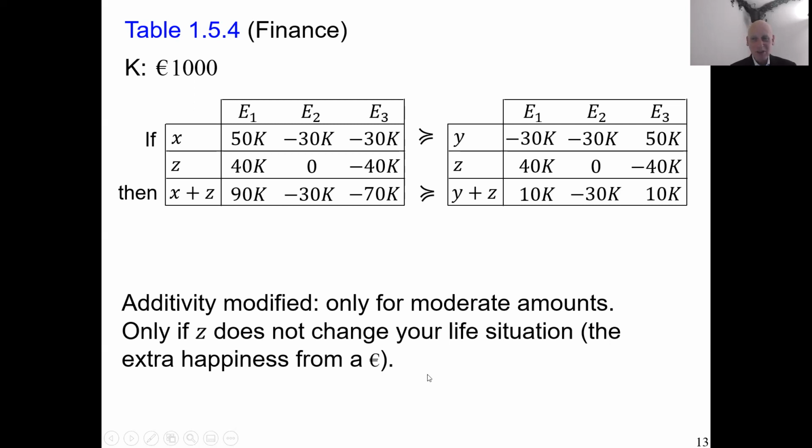For those of you who know what utility means, and I guess that's everybody already, or all the economists. Anyway, for moderate amounts of C, when C doesn't change your lifestyle, then I think it should not change your preference between X and Y. Almost circular it is. And that's why I think, in general, for moderate amounts of money, additivity is a reasonable condition.